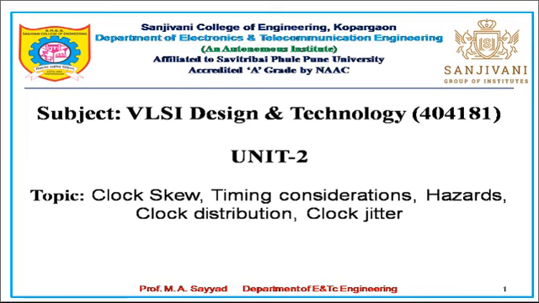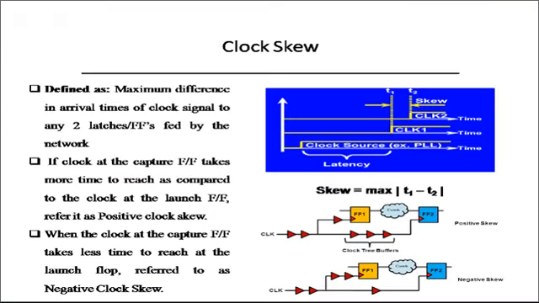What is a skew? Clock skew. By definition, clock skew is a very simple thing, that is, a clock reaching the flip-flops at different times. Actually, it is expected that the clock must reach the flip-flop at the same time.